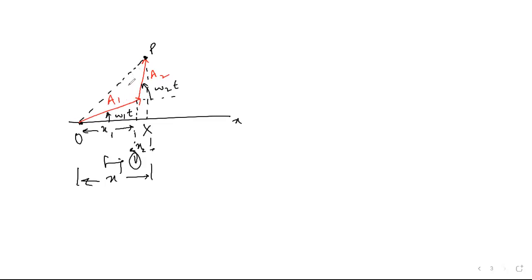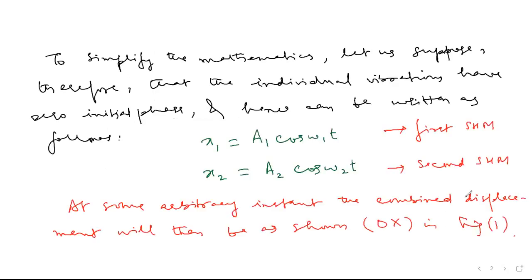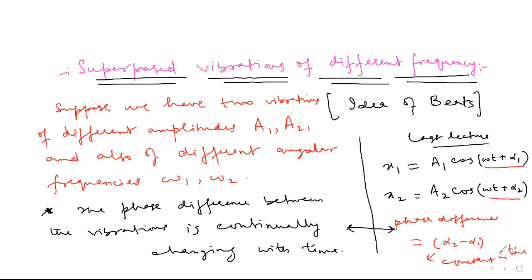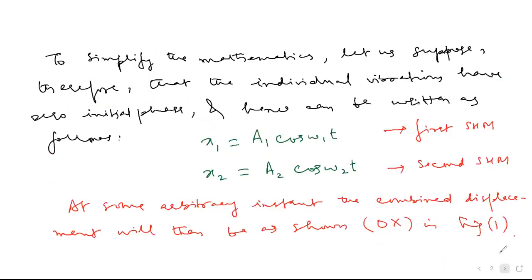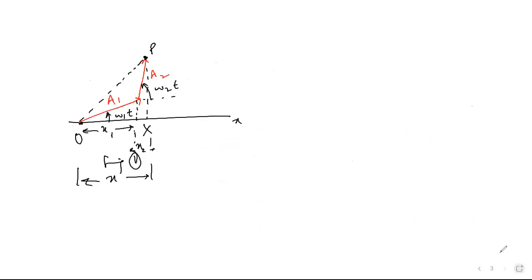So this triangle cannot be thought of as rotating bodily with time, because the phase difference between first vector and second vector will change with time, unlike the equal frequency case, which we discussed in the last lecture, right? So let's move.